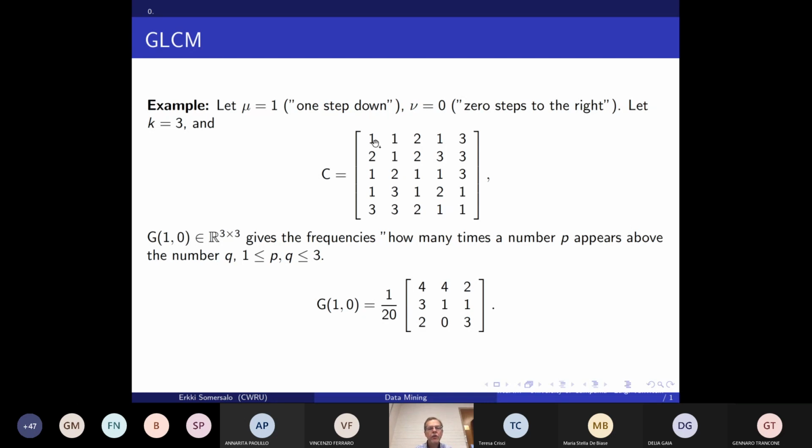Now I have coarsened the gray levels so that there are only 3 possible gray levels, 1, 2, and 3. So I have divided the interval from 0 to 1 into 3 equally long subintervals. Then I'm asking in which of those intervals my pixel value lies. And so, for instance, pixel 1, 1 lies in the first interval, so I put 1 there.